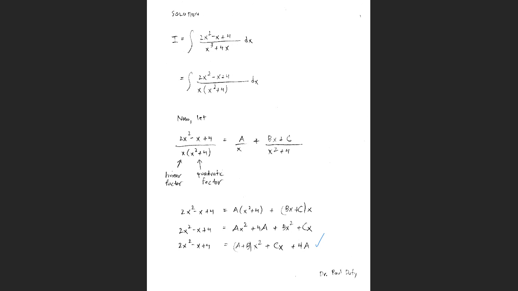So 2x squared, if the polynomial on the left equals the polynomial on the right, then 2x squared would have to equal the quantity a plus b times x squared. So this would mean then that what would a plus b have to equal?